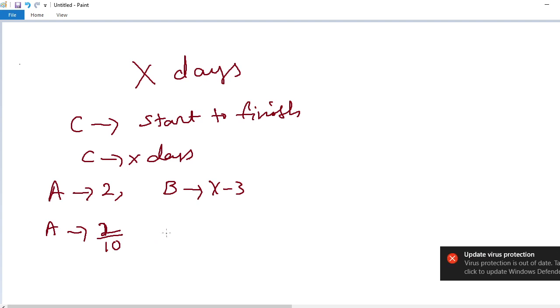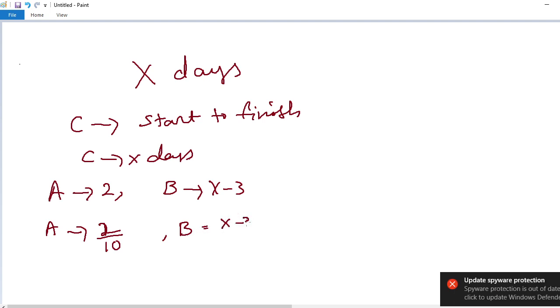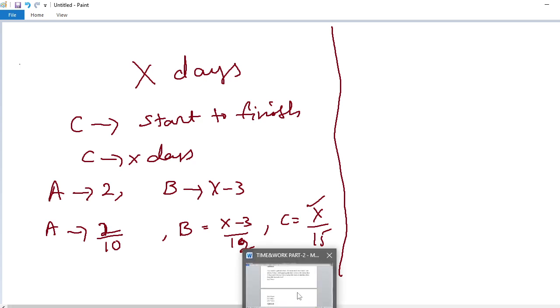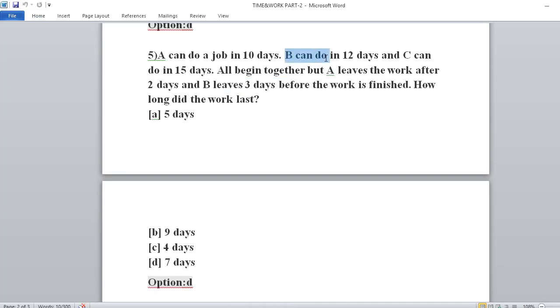B's work is, sorry, X minus 3 by 12, because B can do it in 12 days.